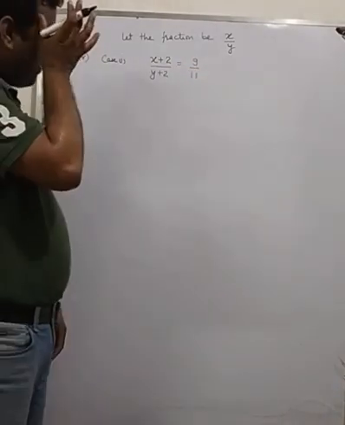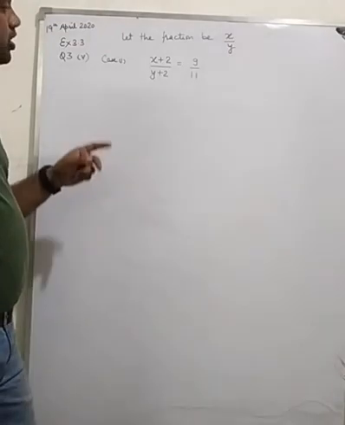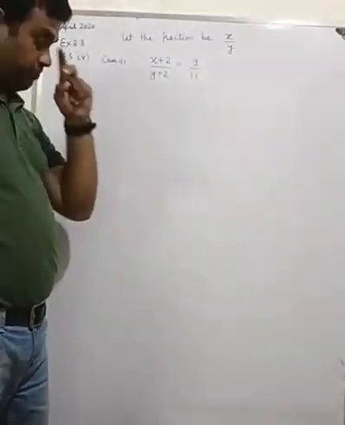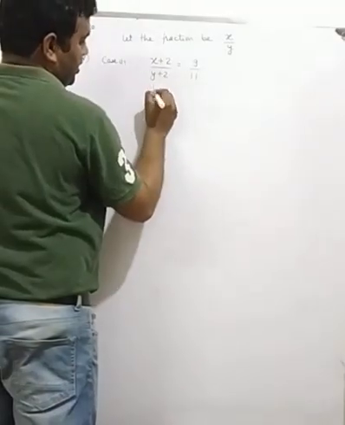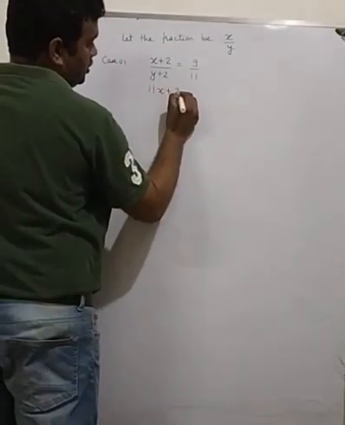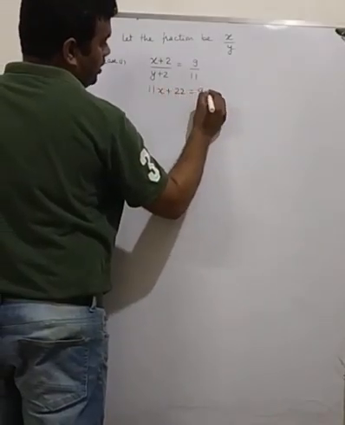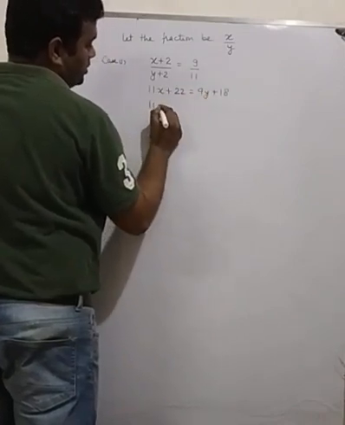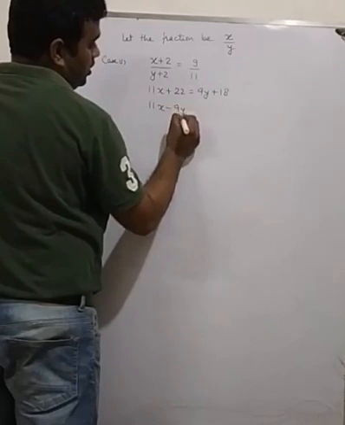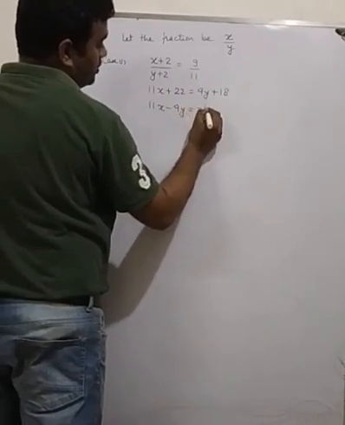From here I am going to write a linear equation in two variables. So this will be 11x plus 22 equals 9y plus 18, or 11x minus 9y equals minus 4.